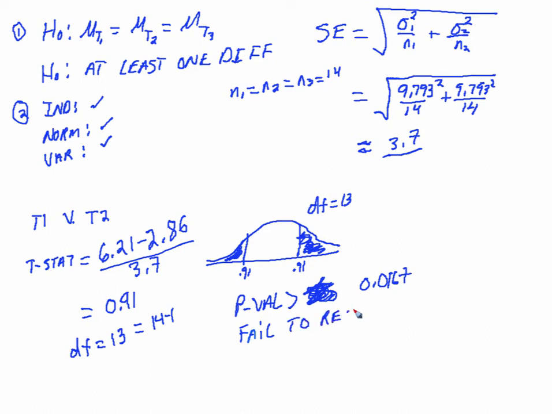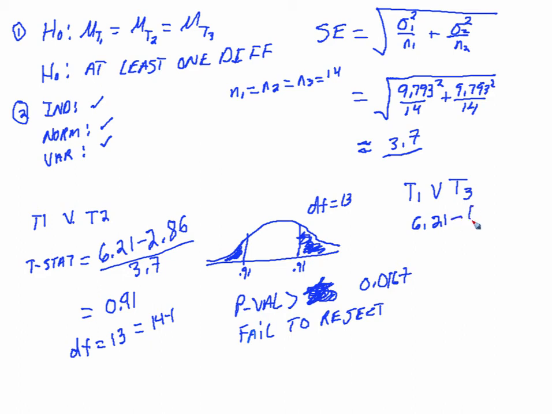Okay, so let me do one more of these pairwise ones for you, and I'll let you take the rest of them. So let's go ahead and do T1 versus T3. That's going to be 6.221. I've got the table open on another screen here. You've got to look at 5.37 to get these numbers.